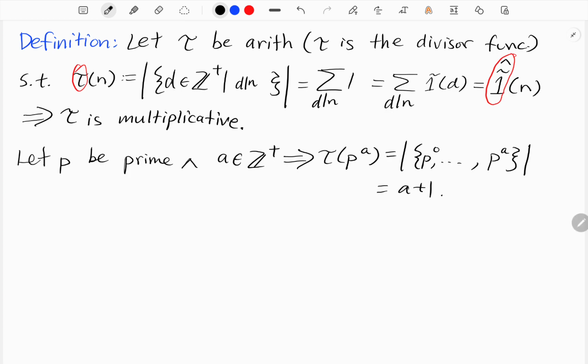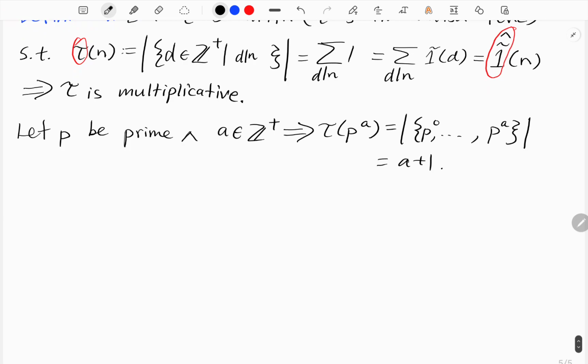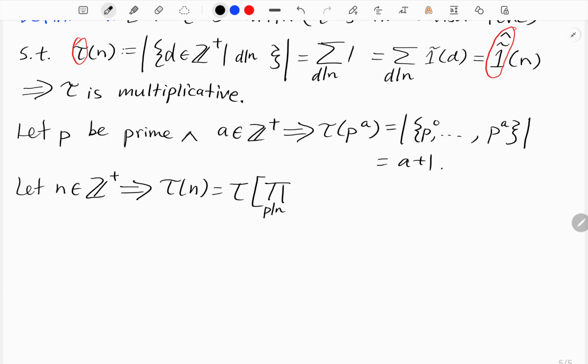And what's useful about this is that if you have a positive integer n, then tau of n is equal to tau of, so I'm going to use the product notation as well as valuations, the product running over all primes that divide n of p to the power of valuation sub p of n.